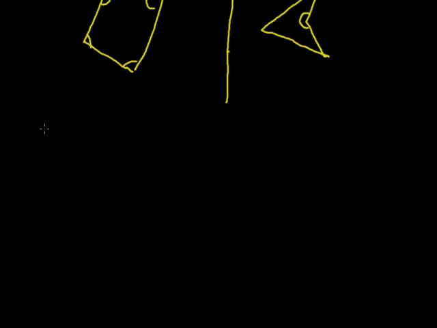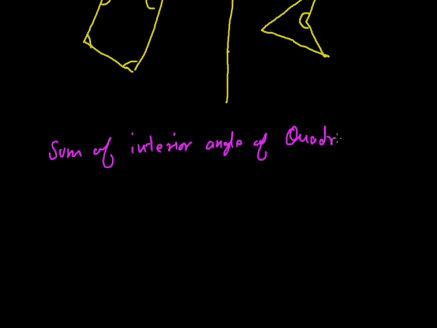Now, we come to the next important property of a quadrilateral: the sum of interior angles of a quadrilateral is 360 degrees.